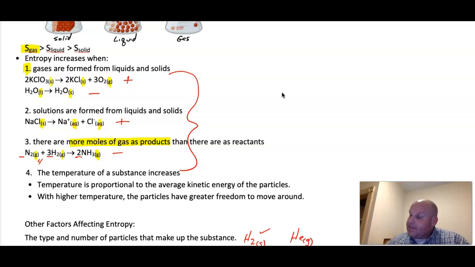And I'll be a little more specific here: we're talking about delta S of the system, or the particular reaction or process that we're evaluating. So we can do this qualitatively like I've shown here, and this is really our next big step in the process. We'll get an opportunity through some of the homework and classwork to practice this until we get comfortable predicting the sign of the entropy change.